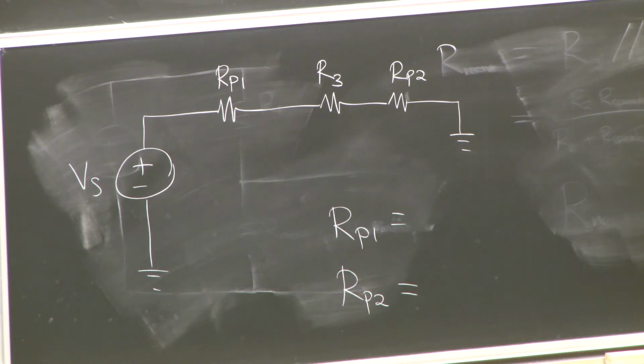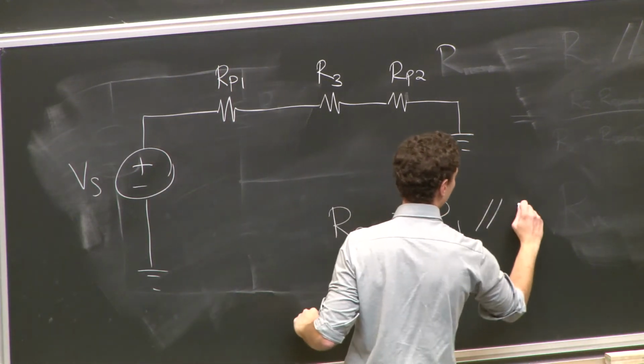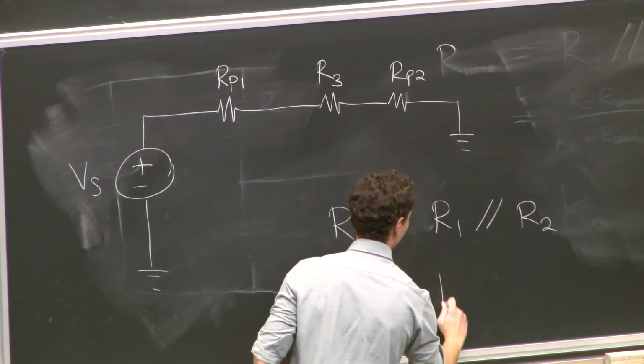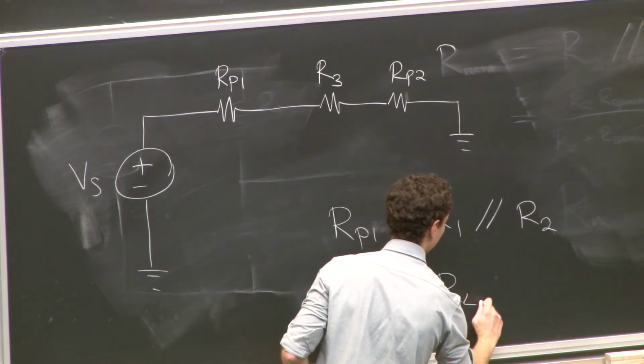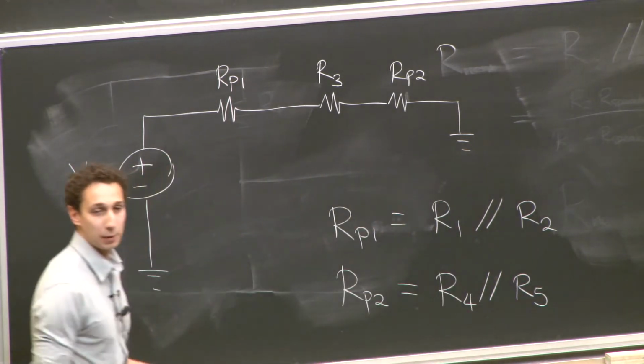I know you know. Yeah. RP1 is just R1 times R2 over R1 plus R2. It's just the parallel combination of R1 and R2. I'm going to write it shorthand for each one of these, just the parallel combination.